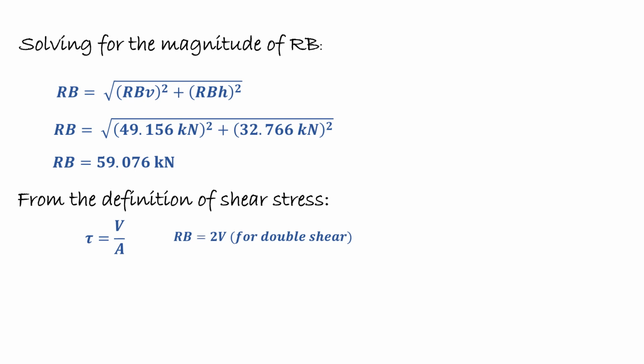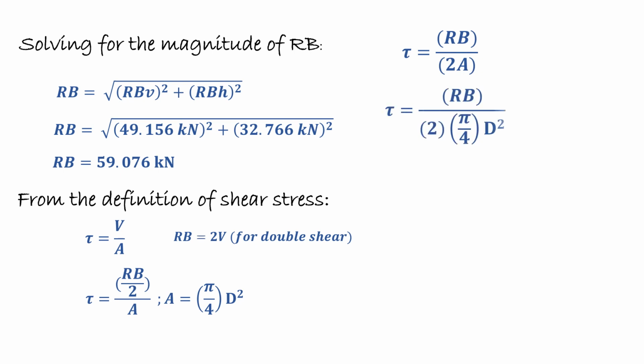Why 2V? Because this is a double shear. So solving for V, V is equal to RB over 2, right? So tau is equal to RB over 2 over A, where A is the cross-sectional area of the pin. So tau is RB over 2A.